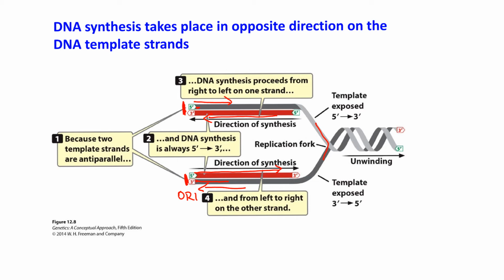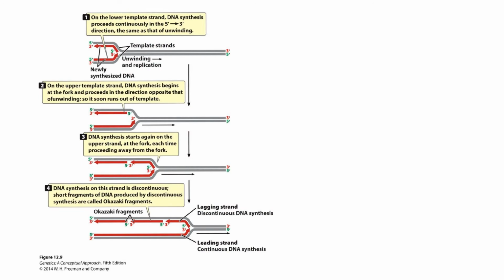So how does this affect DNA synthesis? Let's look at one side of the replicon. You see on one strand the DNA goes from 5' to 3', and another the opposite way, of course, 5' to 3'.